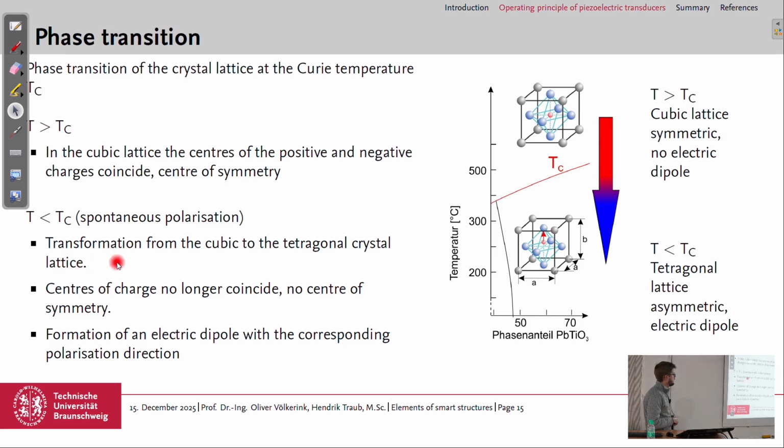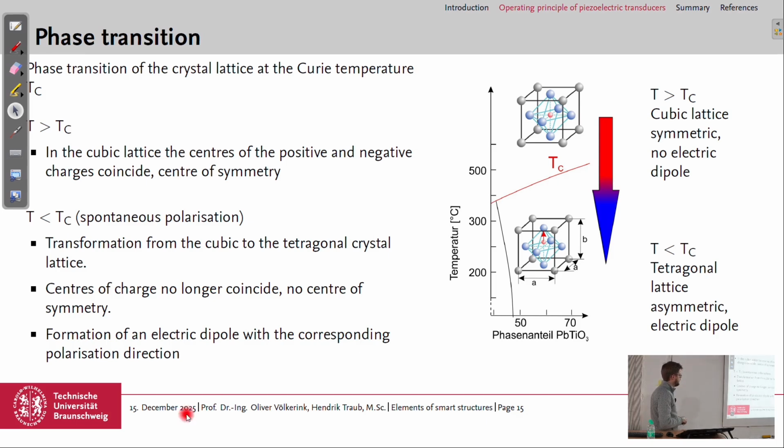As I mentioned on the last slide, the cubic lattice transforms if we are above the morphotropic boundary. In this case, it transforms to the tetragonal crystal lattice. Here you can see that this atom in the middle moves up a bit and is no longer the center of symmetry of the crystal.